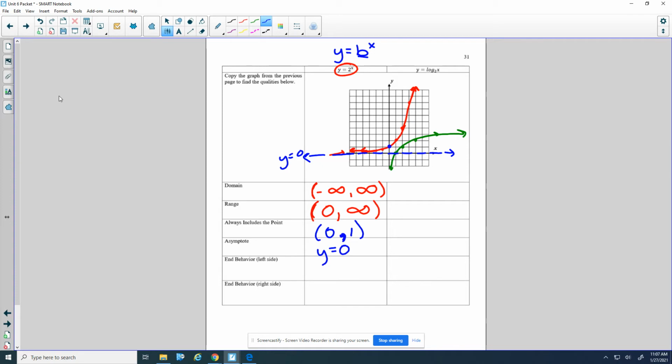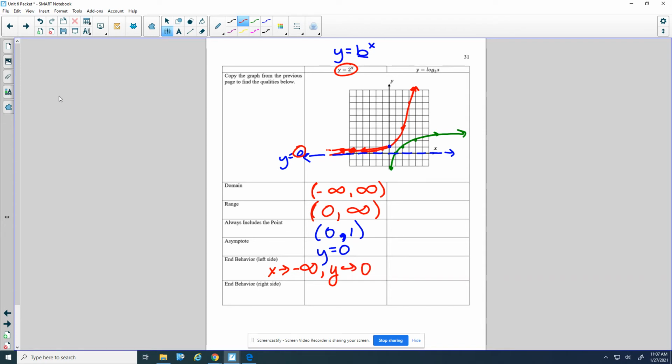End behavior. Okay, so looking at the left side of this red graph. So as x goes to negative infinity, right, we're going back towards negative infinity. Where is y going? Y is coming down towards that 0, right? Y is going towards 0.